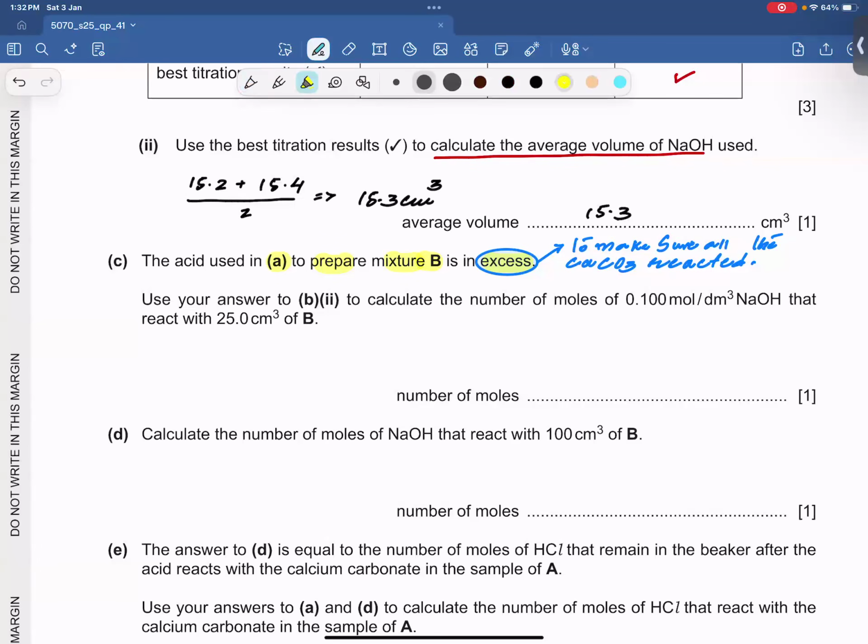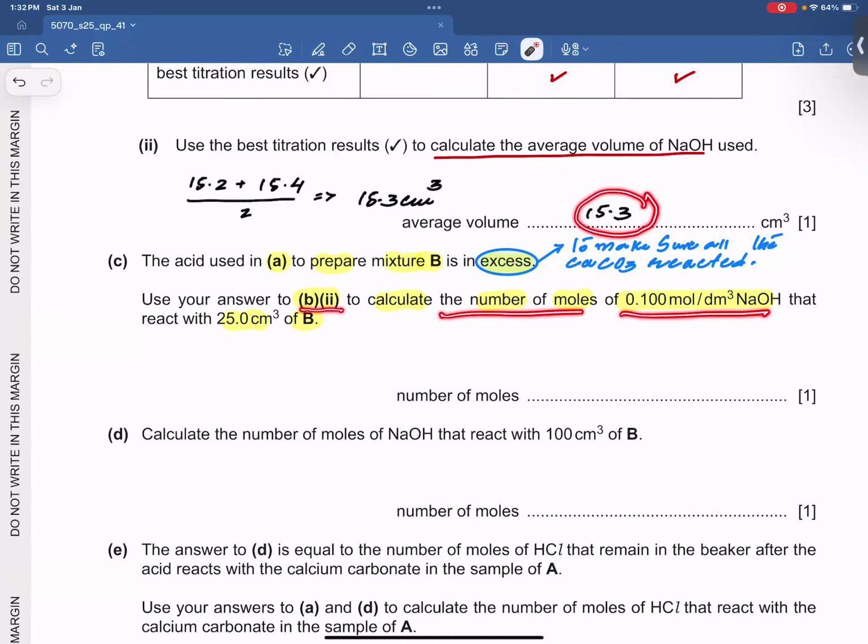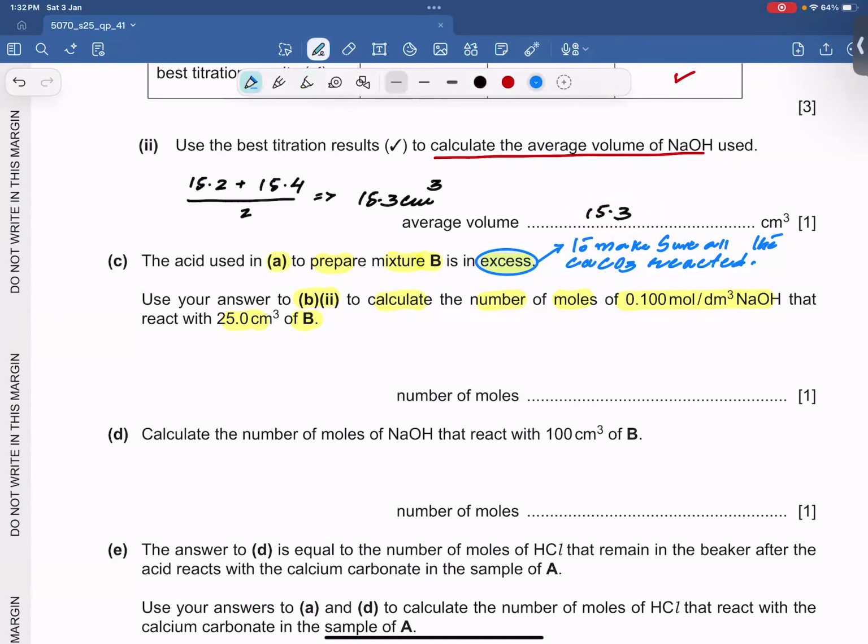During the reaction, use your answer to B to calculate the number of moles of 0.1 mole per dm³ NaOH that reacts with 25 cm³ of B. The examiner is saying using your answer to B, indirectly saying use the average volume and the concentration of NaOH to determine the moles of NaOH. Okay. So what we can do is 1000 cm³ of NaOH contains 0.1 mole.